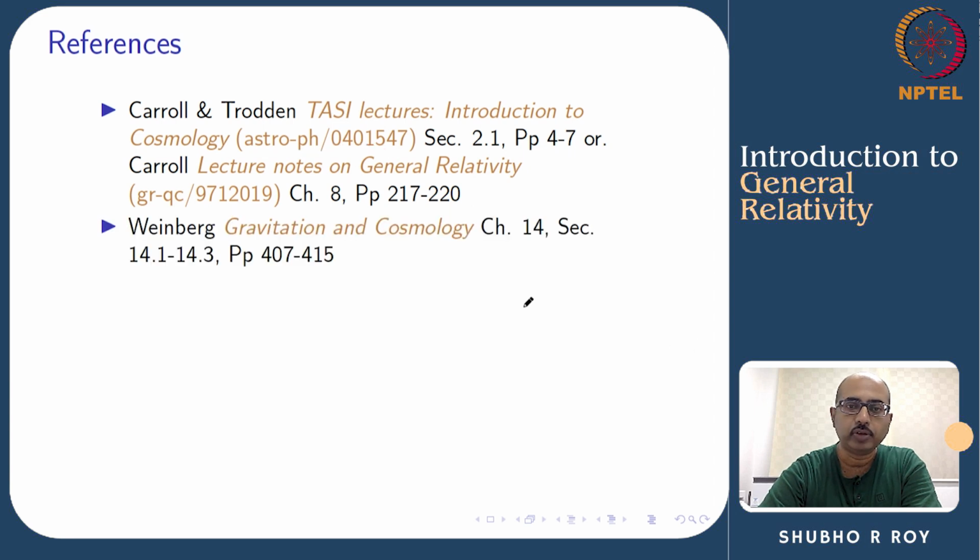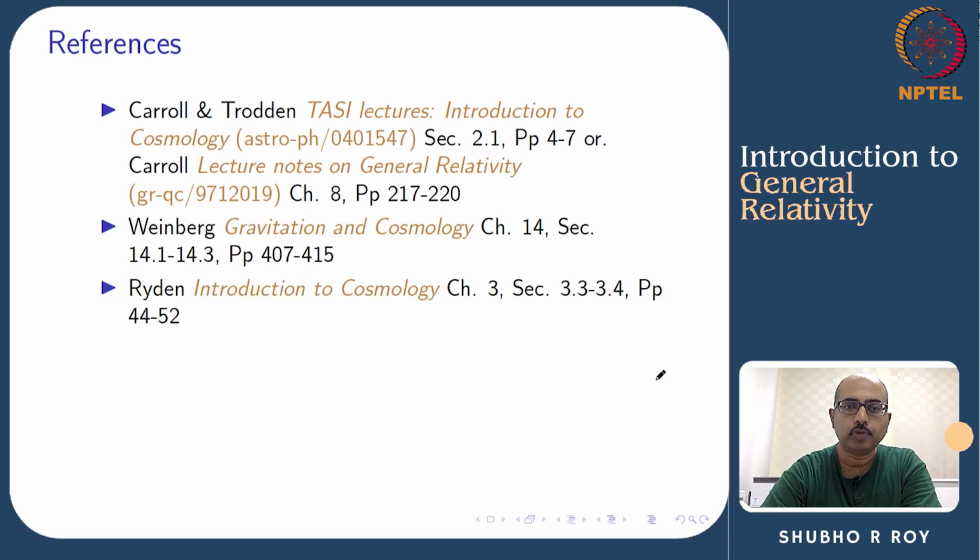The second reference is Weinberg's text. The relevant material can be located in chapter 14, sections 14.1 to 14.3. The third reference is Barbara Ryden's text, Introduction to Cosmology, which is a popular cosmology text at the advanced undergraduate level, and will also contain the relevant material in chapter 3.